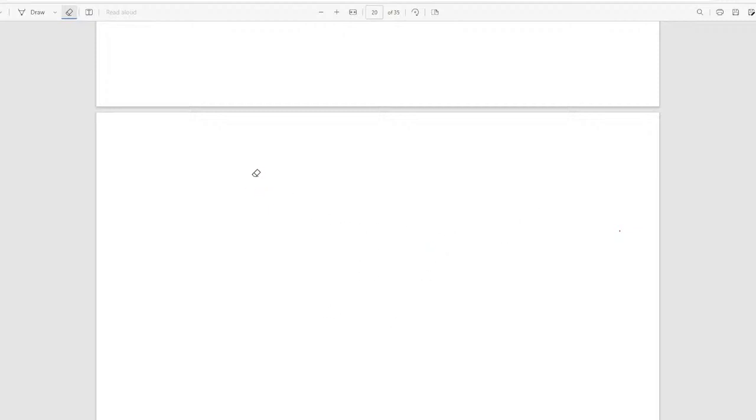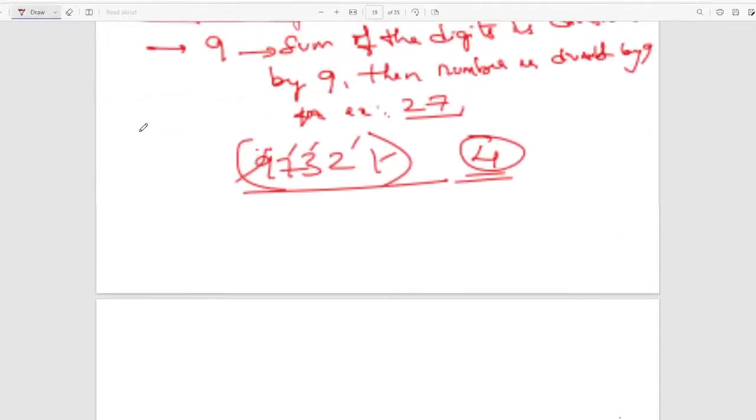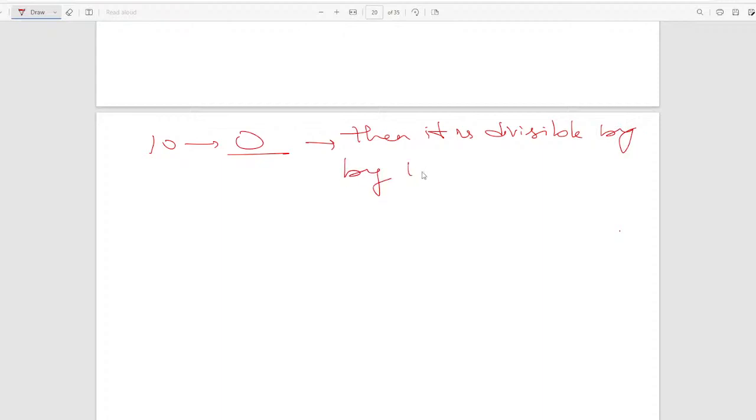Next number is 10. We had covered 9. So next number is 10. 10 is easy. If the last digit, or the units digit, is 0, then it is divisible by 10.